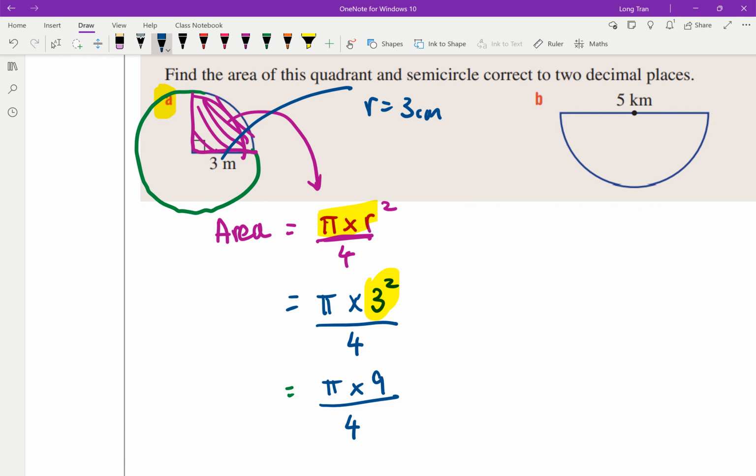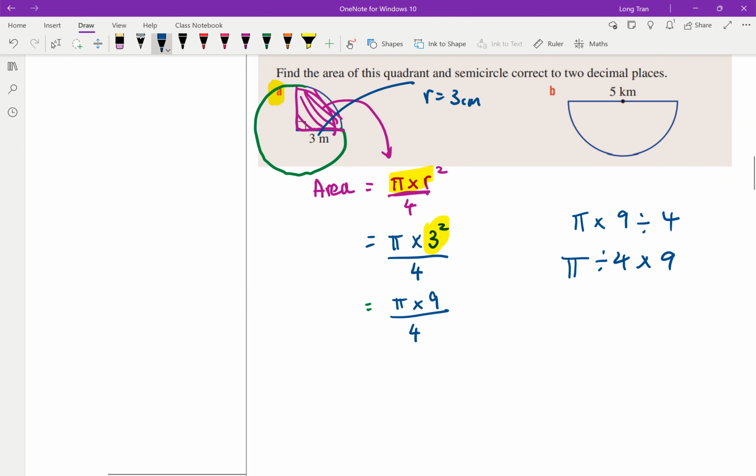Multiplication and division are the same. So you can type pi times 9 and then divide by 4 and it's okay. Or if you did pi divided by 4 and then times 9, the answer should be the same. Doesn't matter. Okay? Let's do that on our calculator, see if you get the same answer as I would.